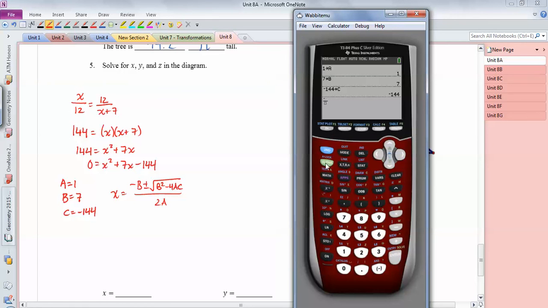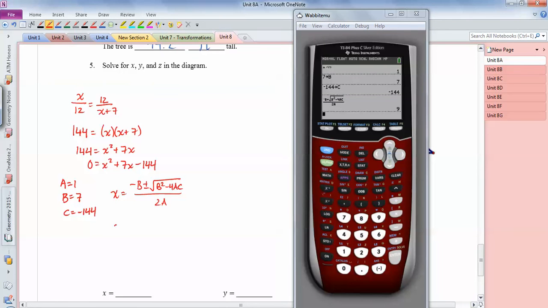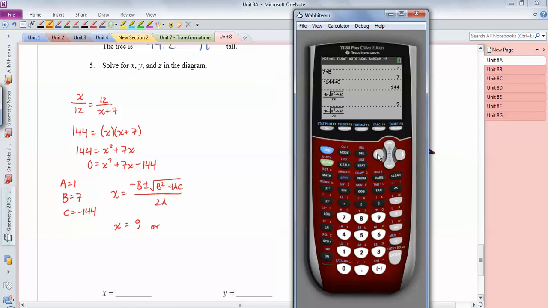It's going to be negative b, we'll do plus first, the square root of b squared minus 4ac, all over 2a. Enter. So one of the answers is 9. And for the other answer, I'll come back up here, cut and paste, scroll over to the plus sign and change that to a minus. And we get negative 16.